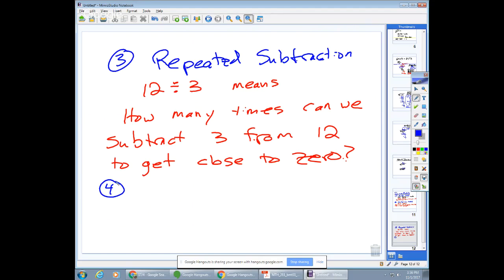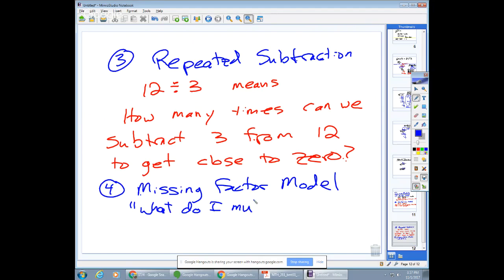Fourth model has a couple of different names. It's called the missing factor model, or the what do I multiply by model. So for this one here, we'd say 12 divided by 3 equals what? And then I usually use a box or something, a placeholder for the what.